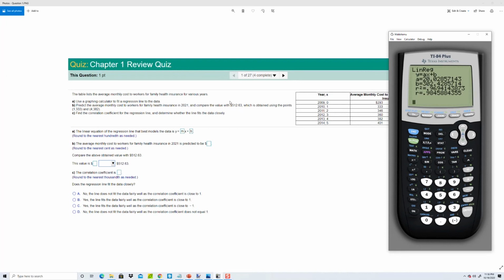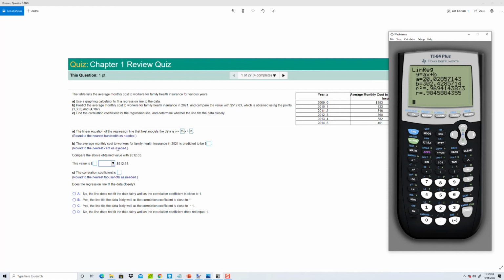A is your slope, where the M is. That'd be 20.03. And the B is our y-intercept, which is the B here. That's 302.43 to 2 decimal places.